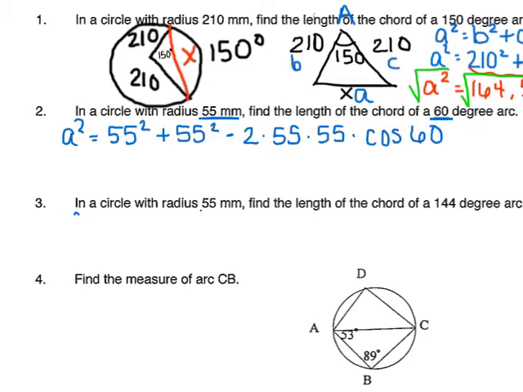Type that all in. So for that first piece, I get 3,025 exactly. And then remember to take a square root of that. And I get 55.